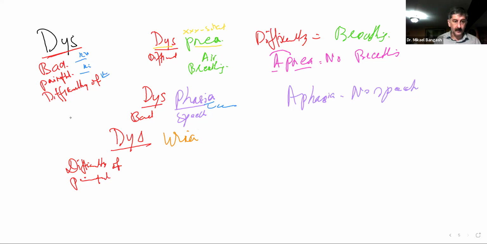Now here again, guys, the term ia indicates that this is a condition related to ure, from the word urine.